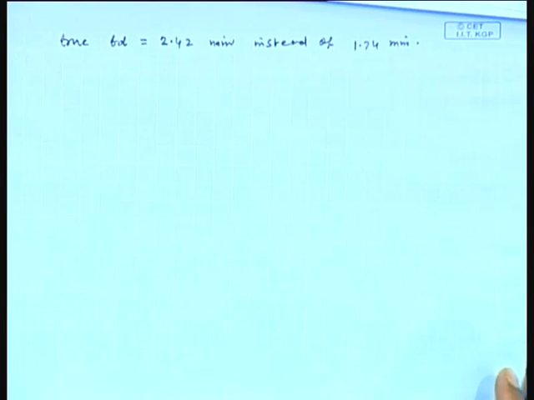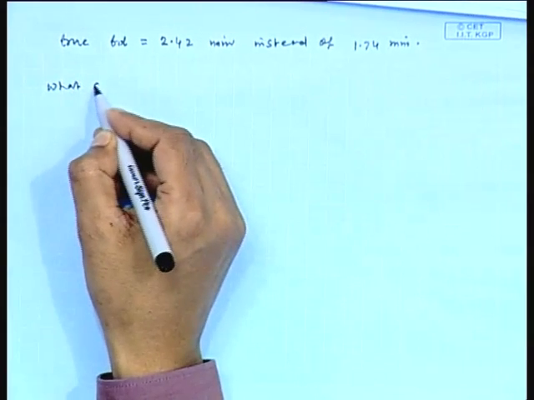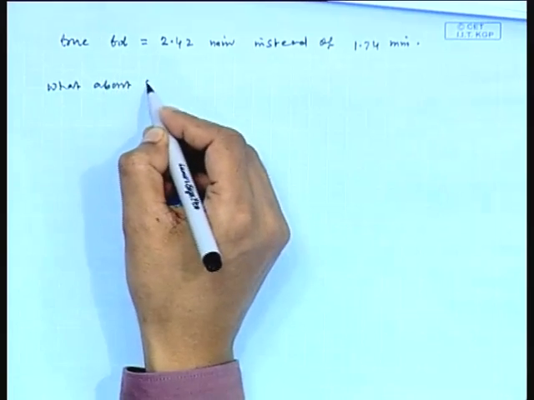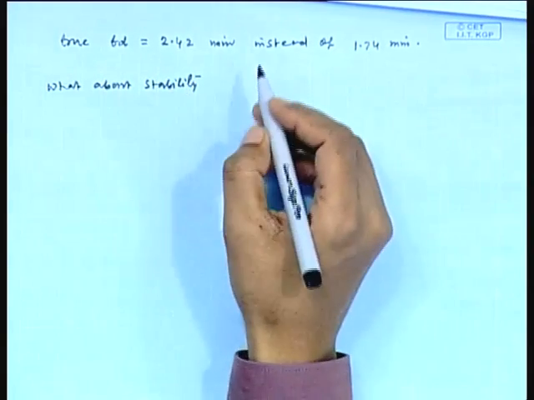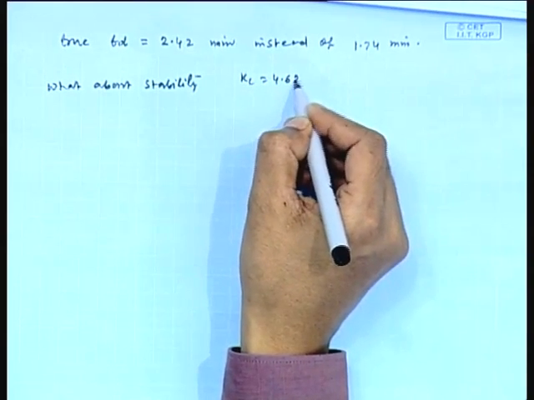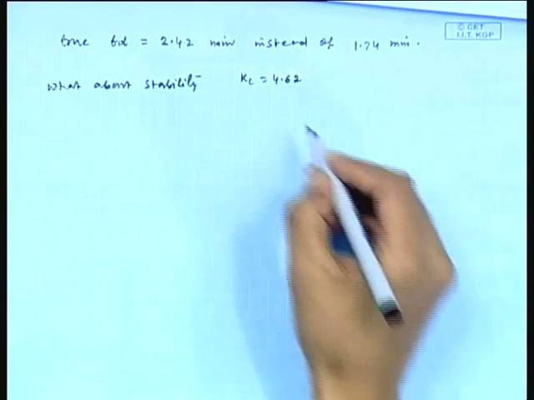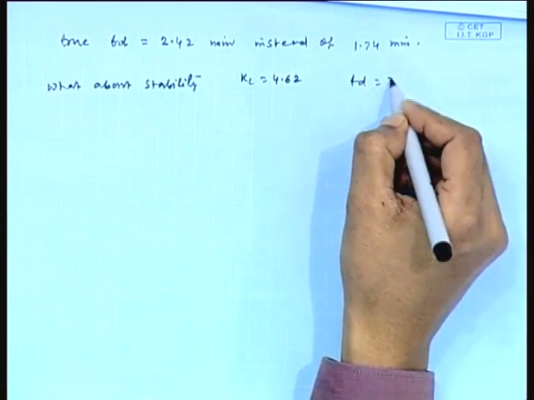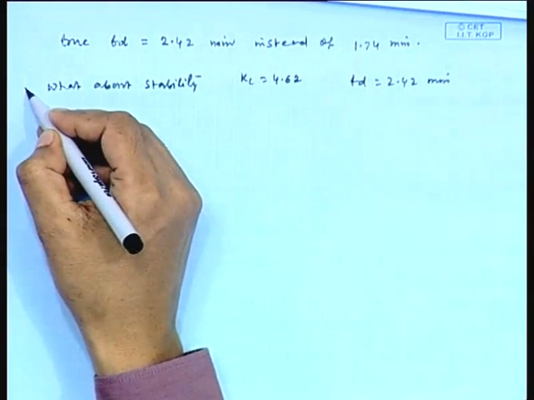What about stability? If we use Kc equals 4.62 when the original Td is 2.42 minutes, this is the second question.